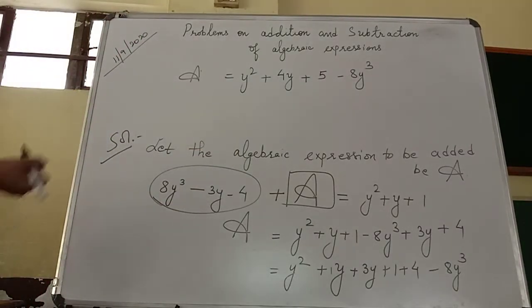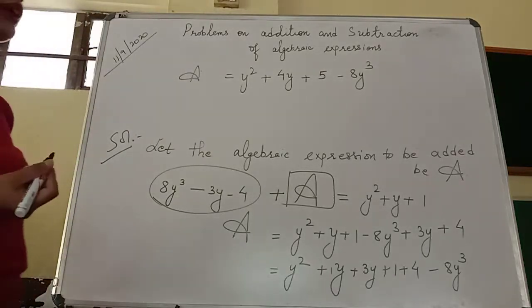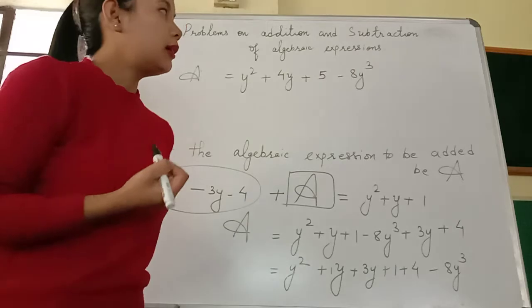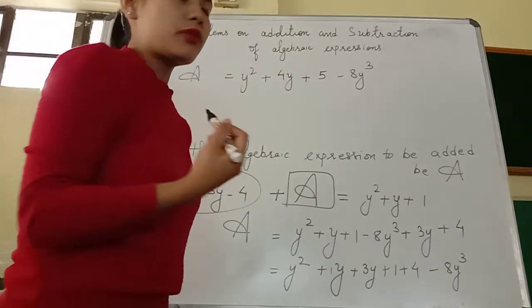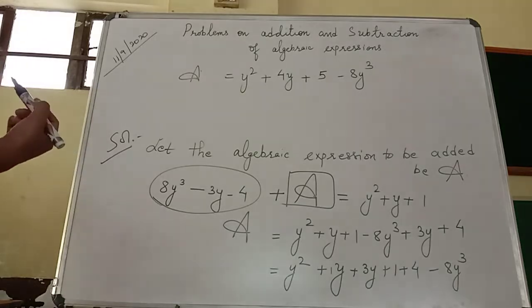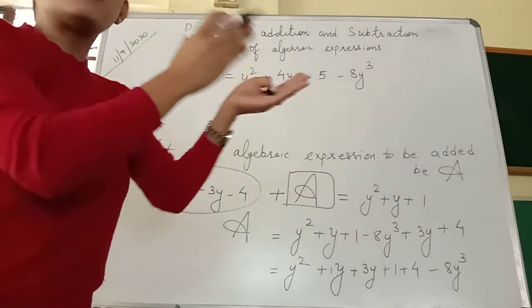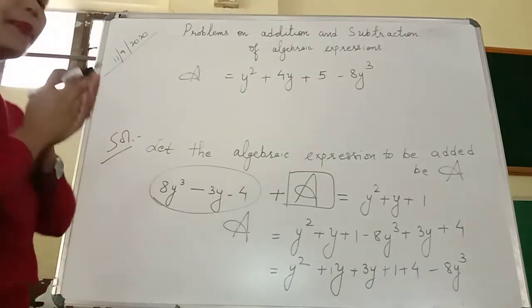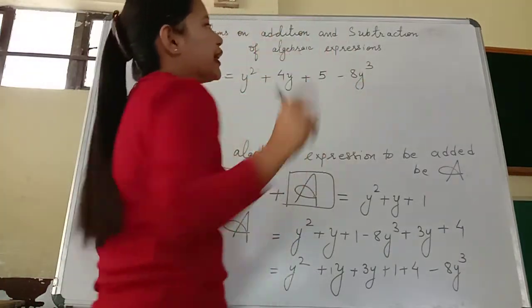Okay. So here children, I want all of you to make a note that there is something called a standard way of expressing any algebraic expression. Okay, so here the standard way is to write the power of the variable in descending order. When I say power of the variable, I'm talking about the power of y here.